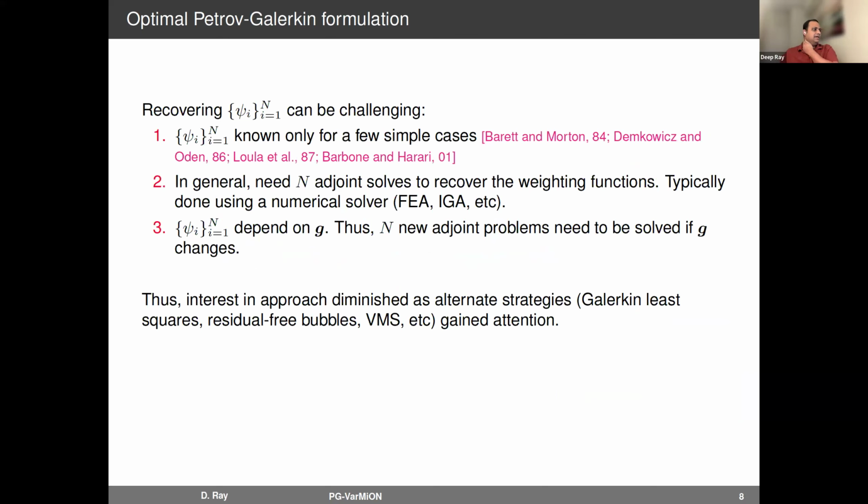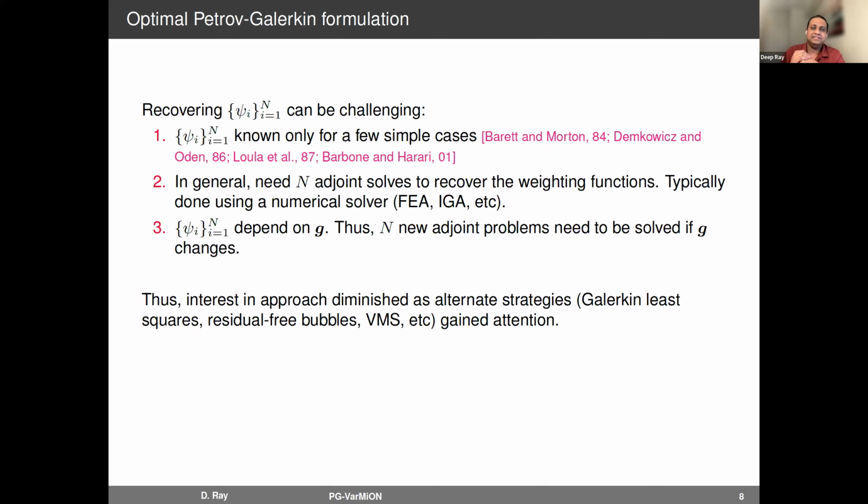So one challenge is, of course, you have to solve numerically n adjoint problems. Maybe that's not too bad. But the problem is we also have this parametrizing function G of the PDE operator or of the bilinear form.